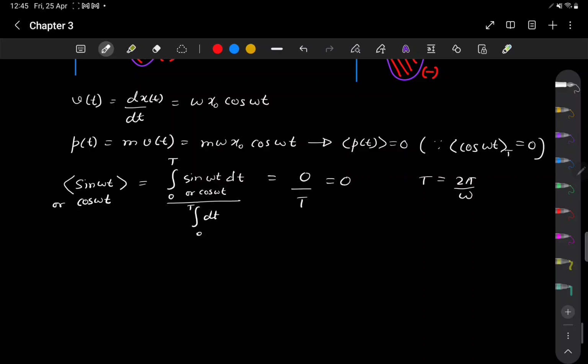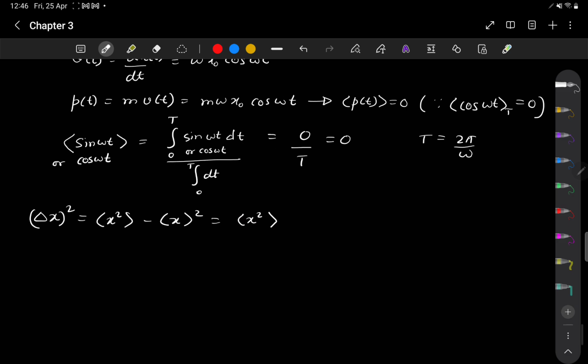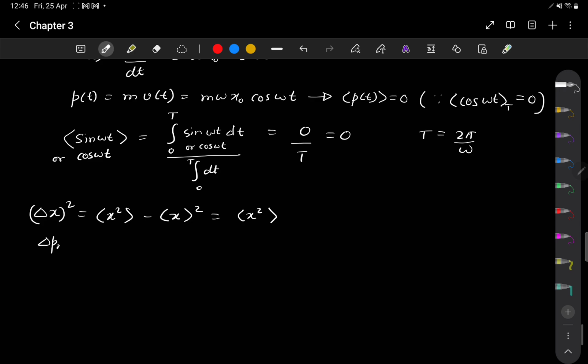Now let us look at the variances. Variances are given as follows. Because the average value of x is 0, only the first term survives.